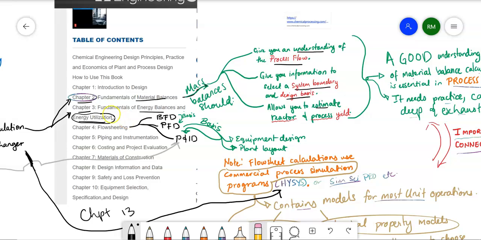I will move next to the fundamentals of energy balances and energy utilization. I also found out, remember I asked, do you guys understand where you apply energy balances? Basically, most of you, when you state energy balance, think it was only to get the mass balance. It's actually wrong.